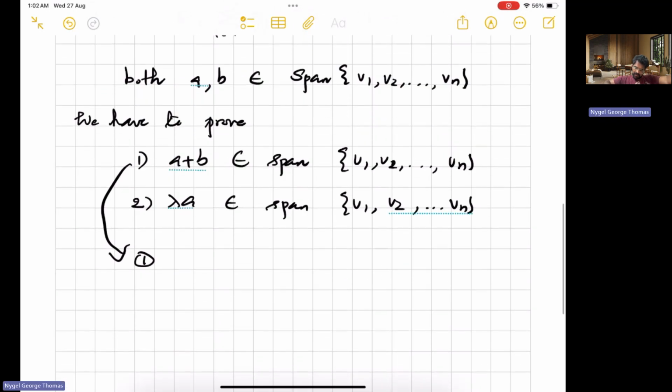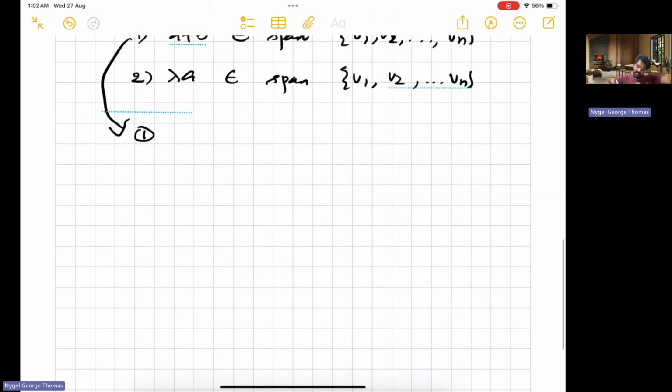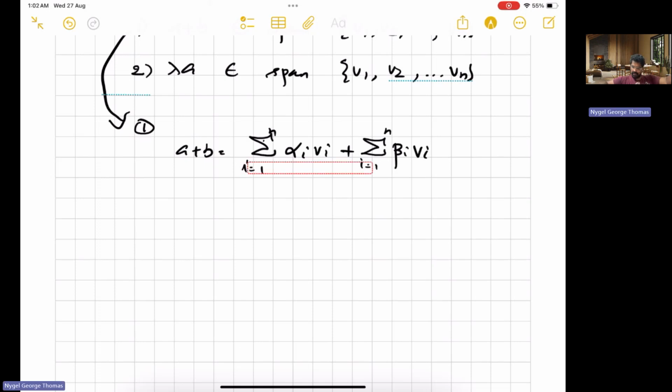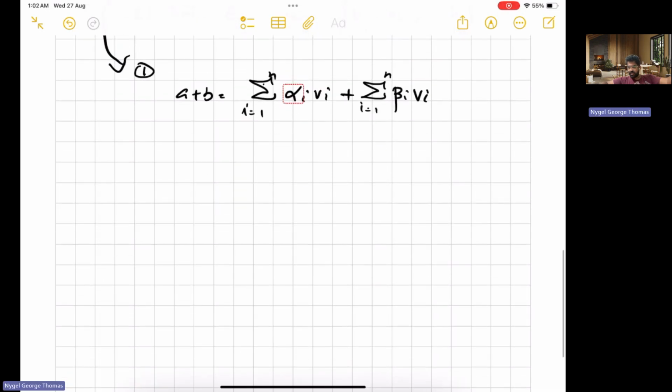Let's try to prove one. What is a plus b? a plus b is sigma i equal to 1 to n alpha i vi plus sigma i equal to 1 to n beta i vi. The vi's are the common terms. What property are we trying to use here?